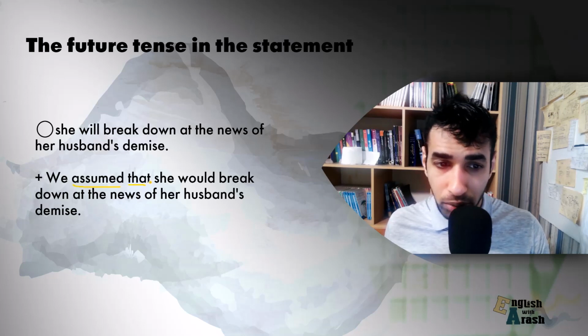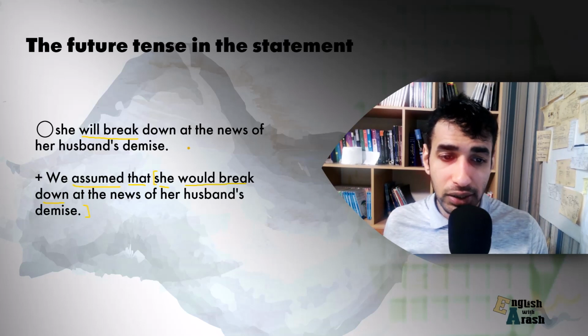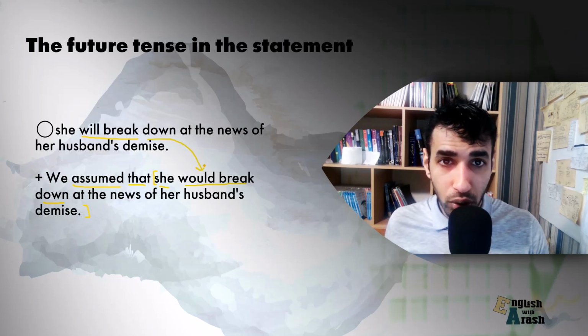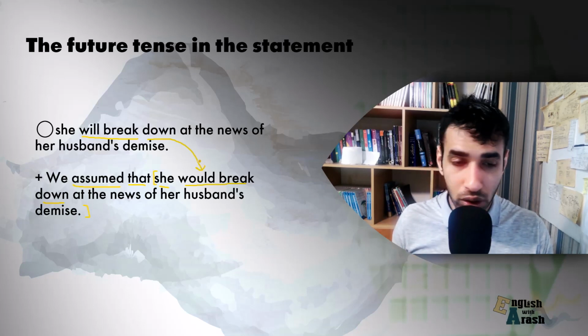That is optional here, and noun clause. She would break down. She is the subject, and would break down is my verb. It's a phrasal verb. And since the tense in this statement was a future tense, we should change the will to would, and report it in this way if we want to report it indirectly.